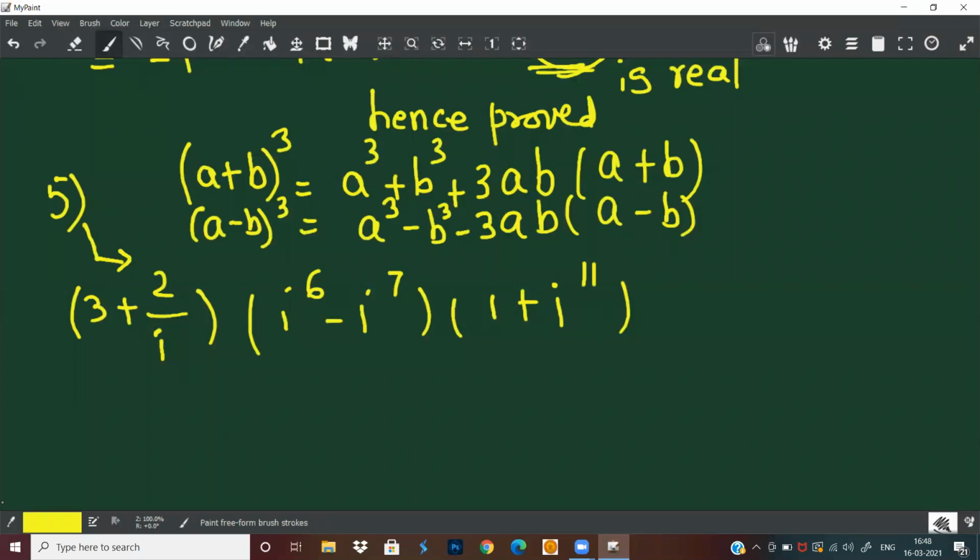See, for CET and for JEE, you must have learned that 1 by i is minus i. Everybody must be already knowing. But here, you'll have to show it like that.